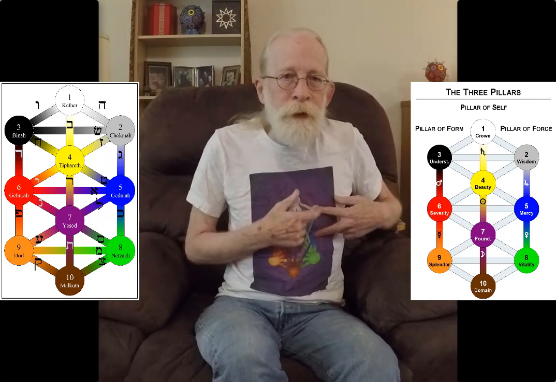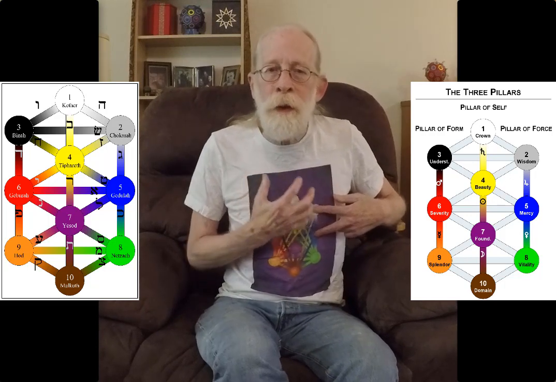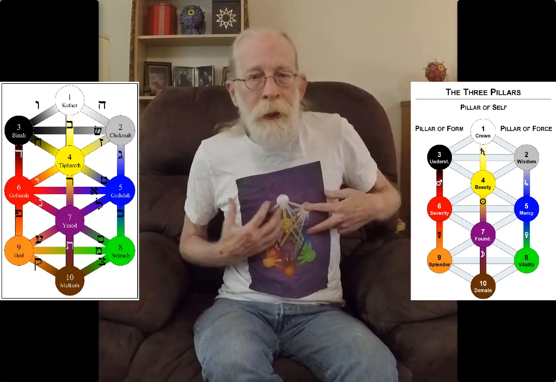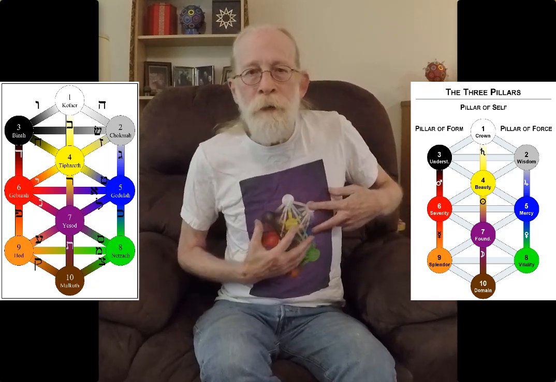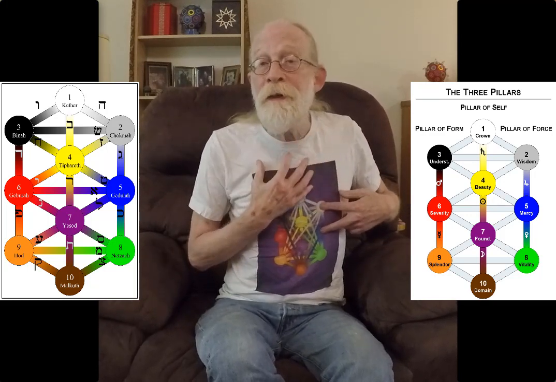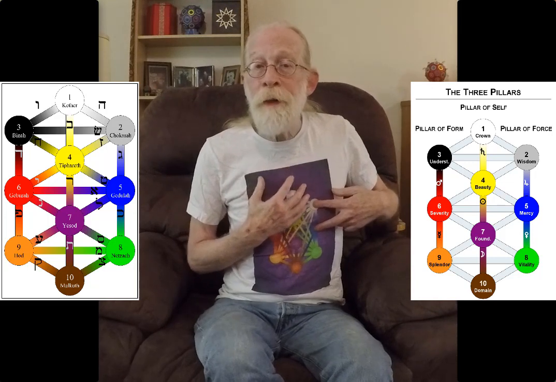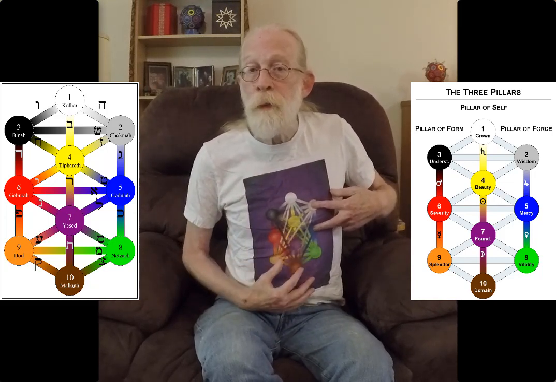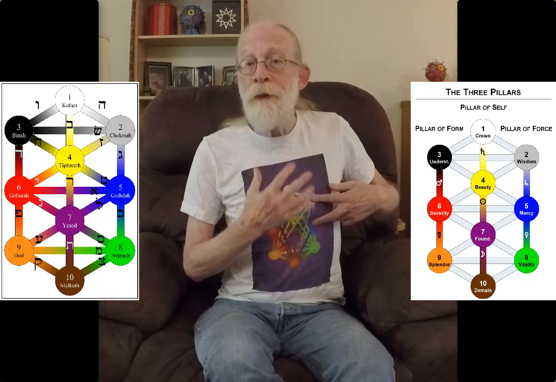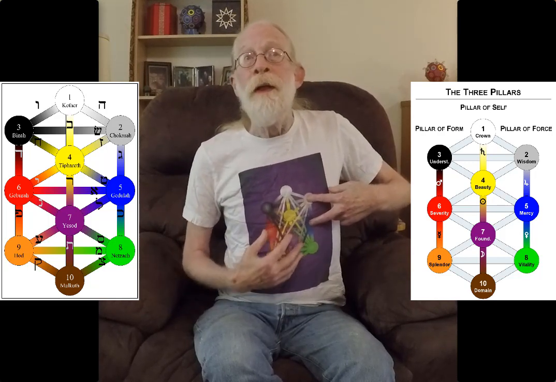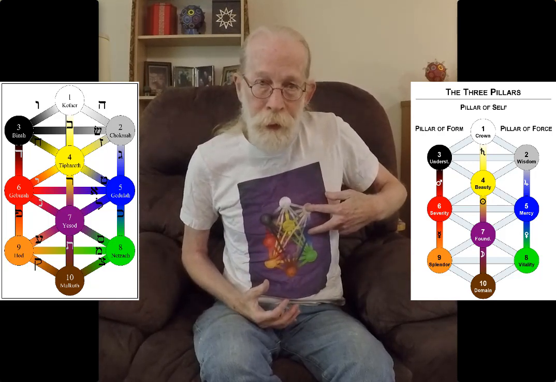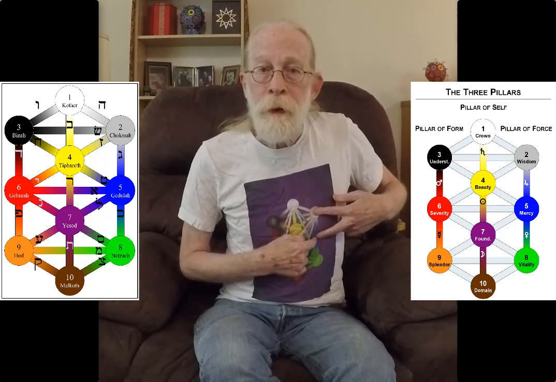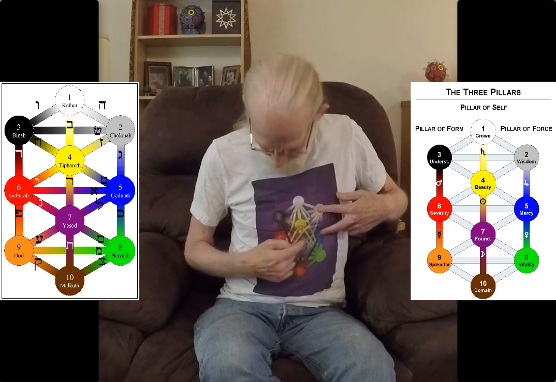These are the powers that are moving in that energy flow of the tree, in that descent of awareness from one quadrant into the next quadrant, into the next quadrant, okay? So, Jupiter, right here.